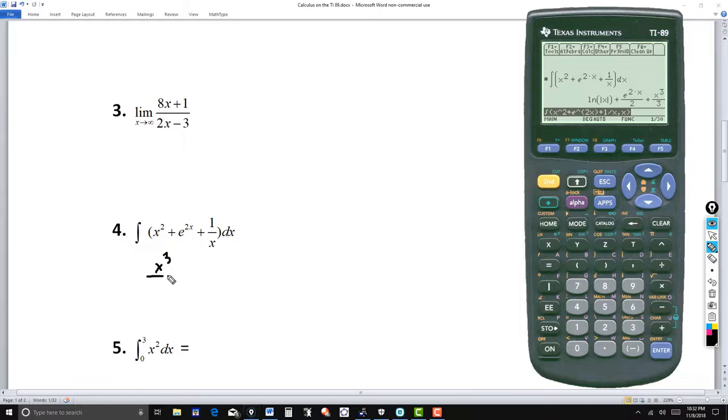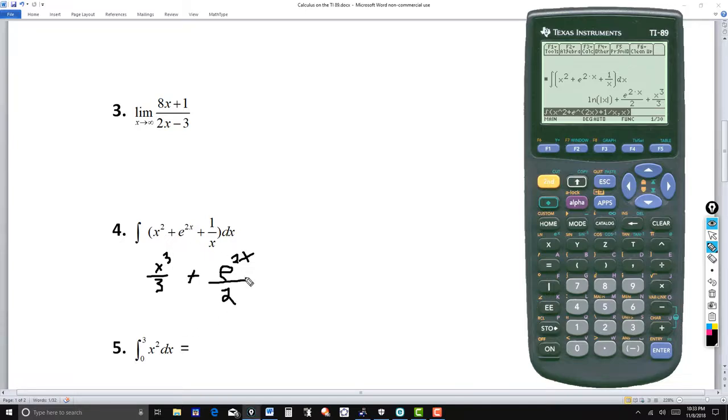For the exponential, it would be e to the 2x, and then I divide by the derivative of this right here, which is 2. Derivative of 2x is 2.